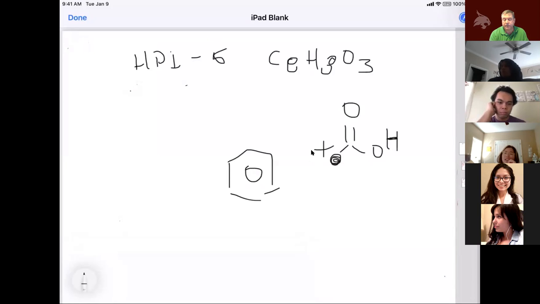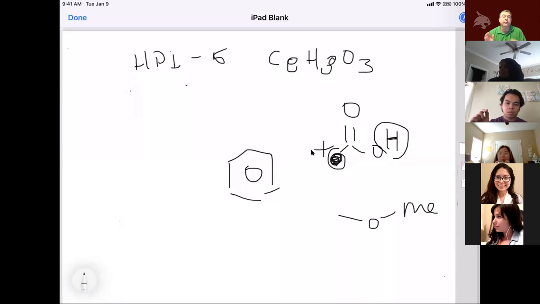So it has to be attached directly to a benzene ring, I think, plus an OMe. And I think it's the acid because of the peak in the proton NMR. And so we have some kind of di-substituted benzene.